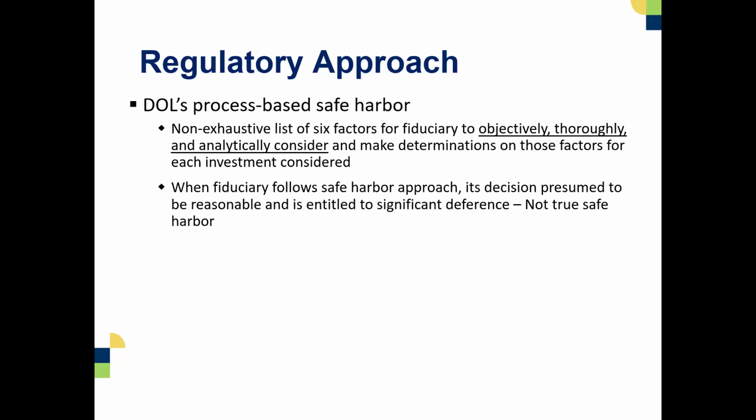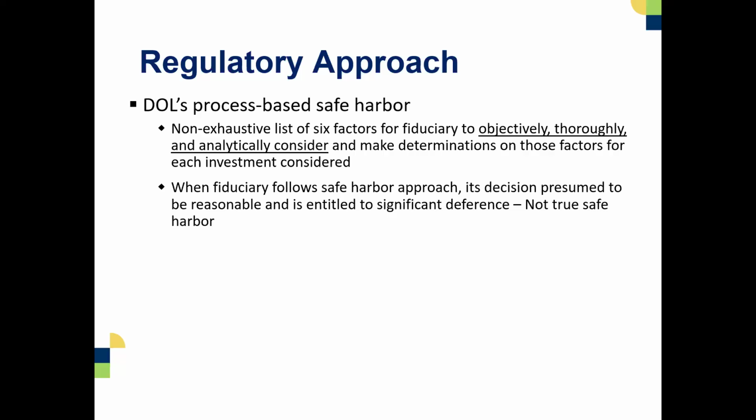So what the Department of Labor does is it takes a non-exhaustive list of 6 factors for a fiduciary to objectively, thoroughly, and analytically consider and make a determination on those factors for each investment that you're going to consider.